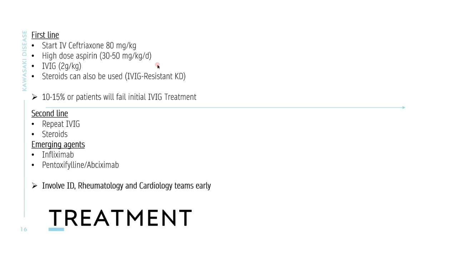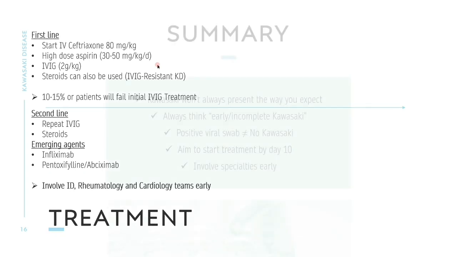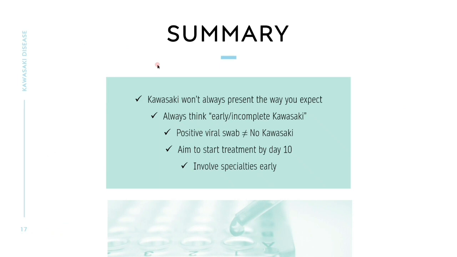There are some emerging agents under research now which are mainly anti-immune or immunosuppressants like infliximab, pentoxifylline, and abciximab, but we don't have conclusive evidence regarding them as of yet. An important point is to always try to involve the respective teams as early as possible, like infectious diseases, rheumatology, and cardiology.